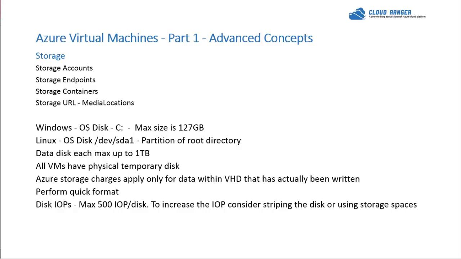And disk IOPS is probably one of the most important things to remember. Disk IOPS is up to a maximum of 500 per disk in Azure. This is important if you're going to do SQL. We do this a lot with SharePoint. You have to ensure you meet a certain IOPS requirement for your workload or roles.